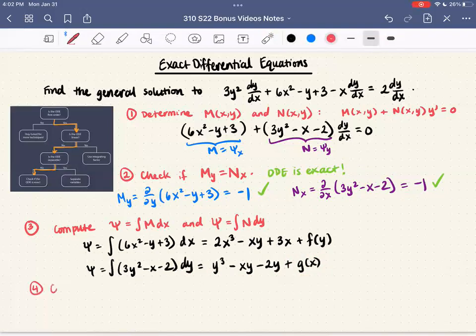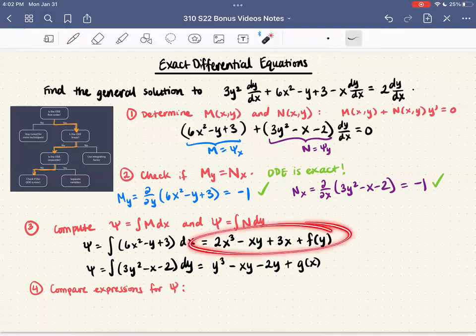All right, we're going to go ahead and then compare the expressions for psi. Again, because both of these expressions should be equal to the same function, we need to figure out how to piece things together. All right, let's look at the things that involve only x in the first.